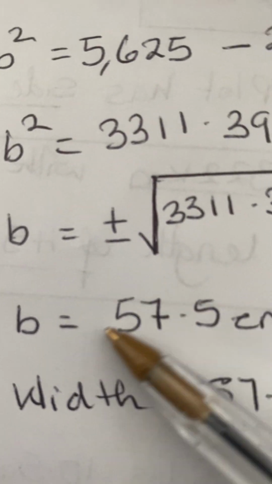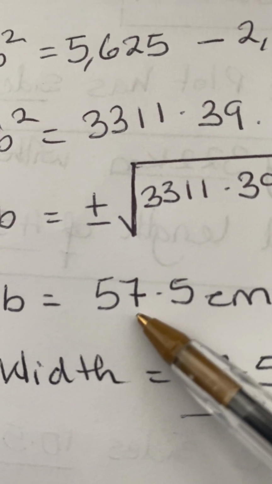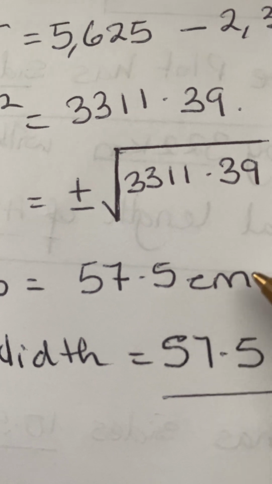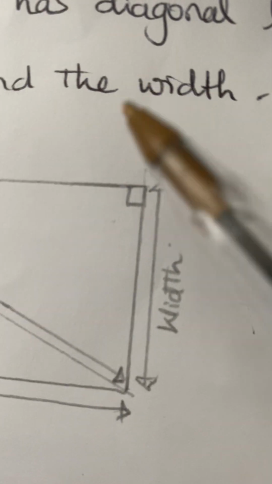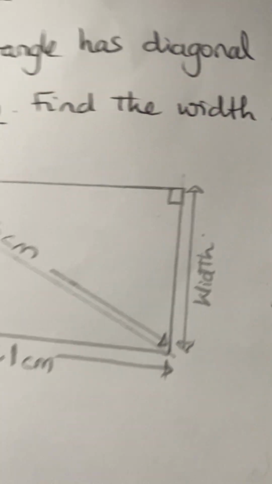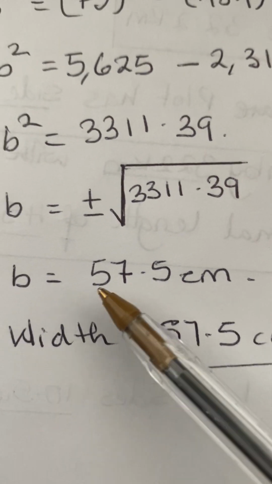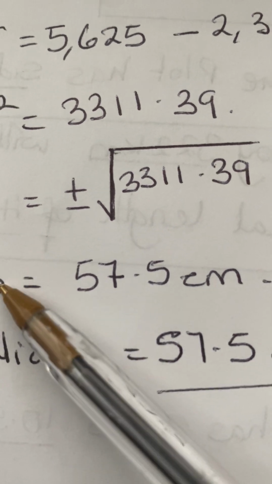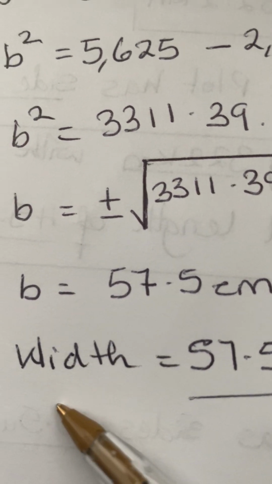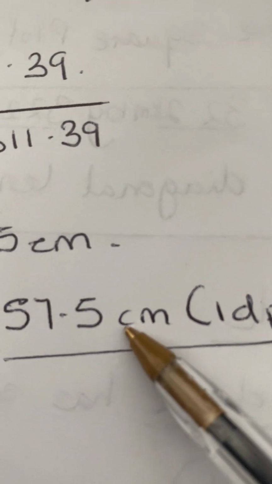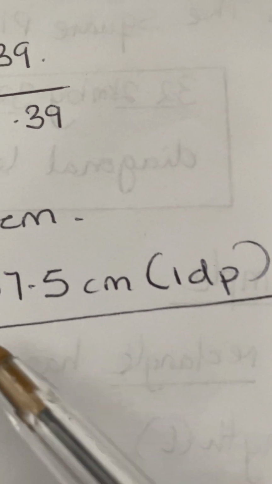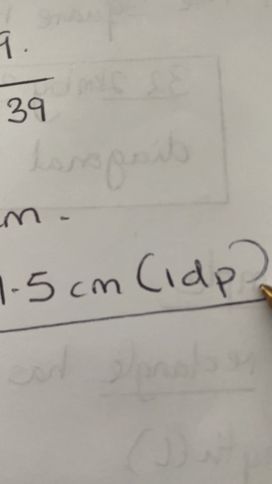So if you do it correctly, you have 57.5 centimeters. Now they said find the width, so you remember, do not leave your answer as b. Write width equals 57.5 centimeters, and this is one decimal place.